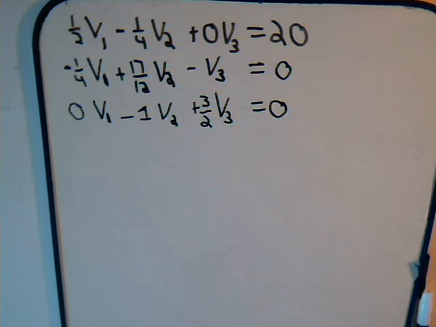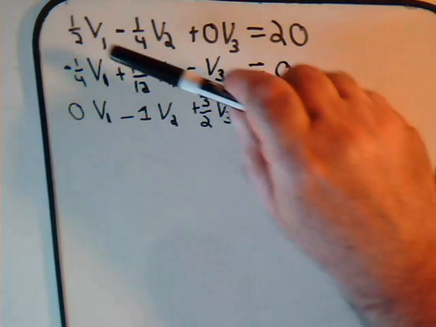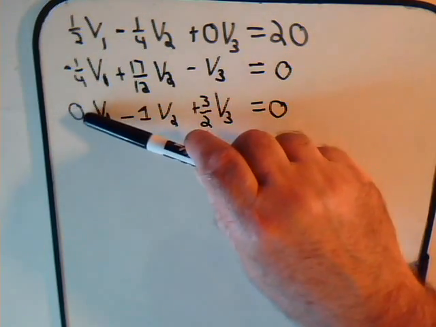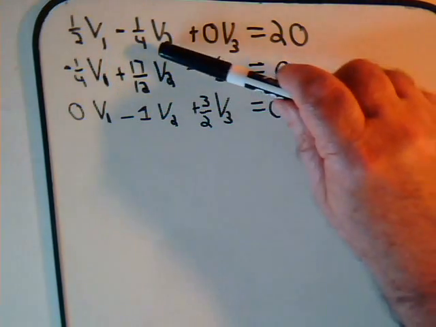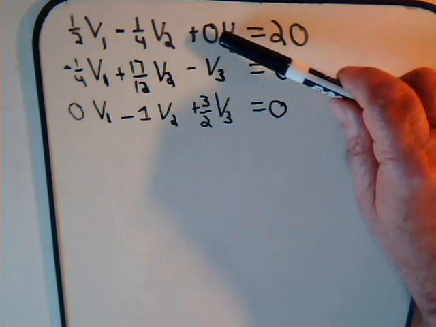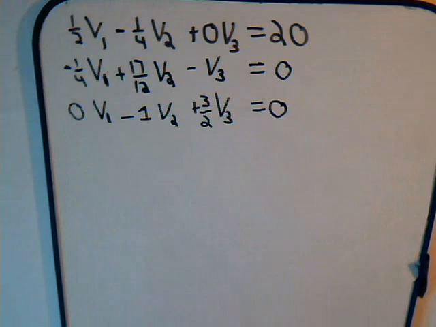To determine V1, V2, and V3, the first thing we do is make a 3x3 determinant, and we do that using this column of numbers. We'll call it the V1 column, the V2 column, and the V3 column.